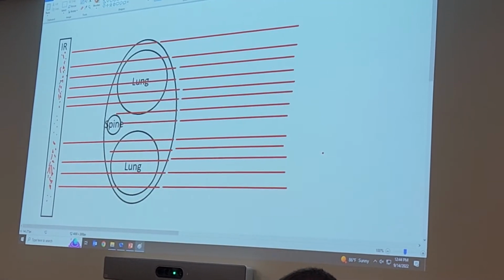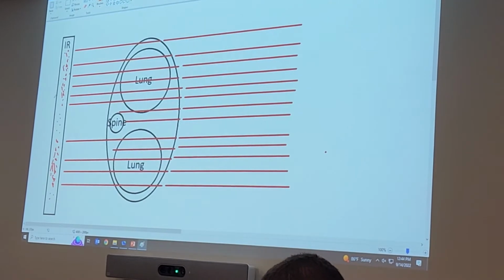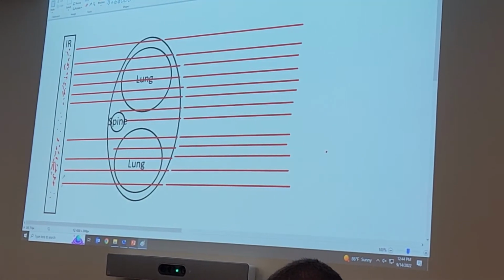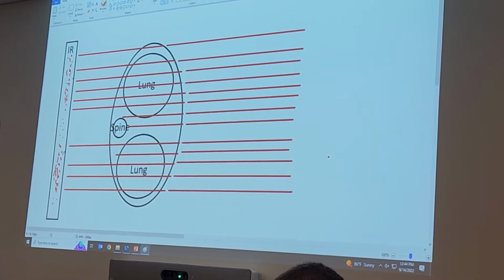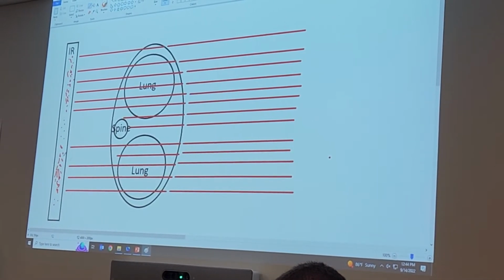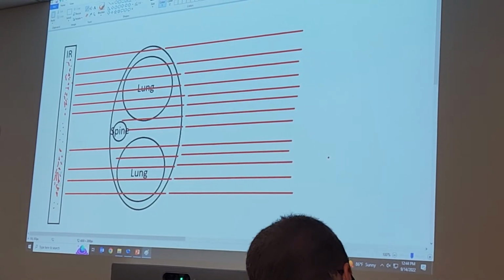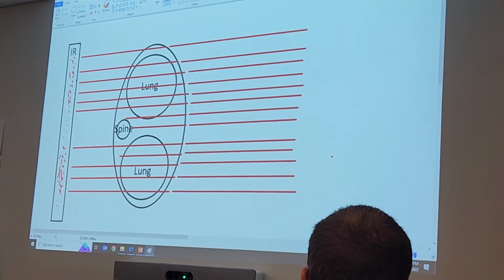So the image is going to show the density of X-rays, how many X-rays reached the IR. So the radiographic density is not here where the body is. Radiographic density is here, talking about the IR instead.